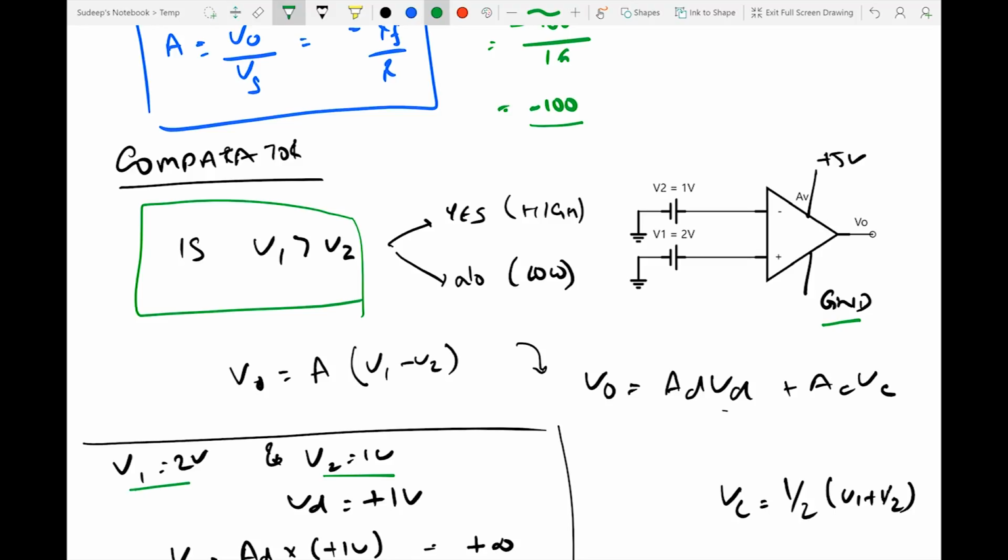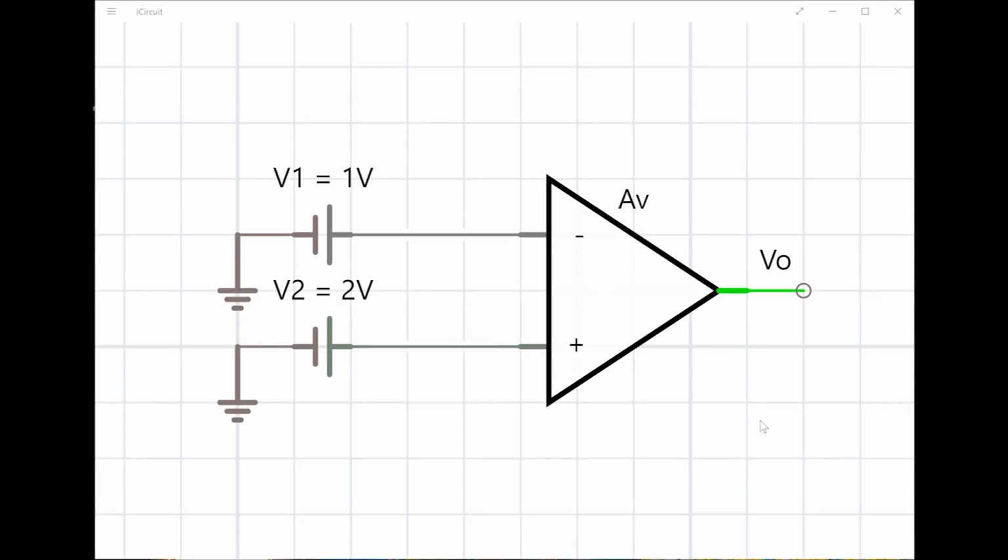Let's look at this in the simulation software also. So here we're looking at the simulation for our comparator. We said we have a voltage of V1 as 1 volt and the voltage V2 as being 2 volts. So the voltage at the non-inverting terminal, the positive terminal, is greater than the voltage at the inverting terminal.